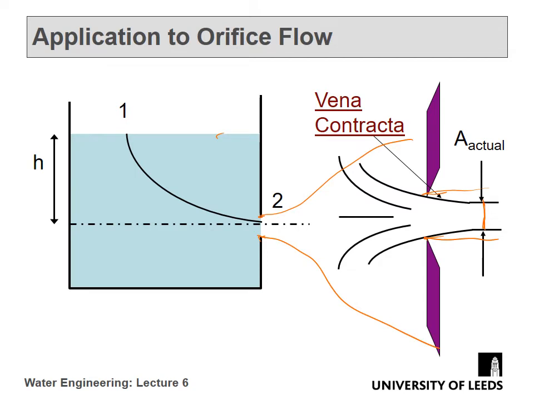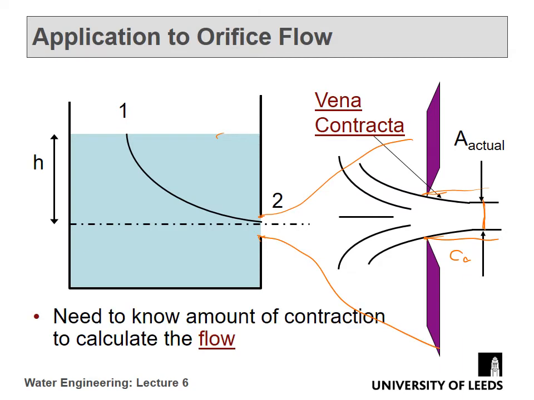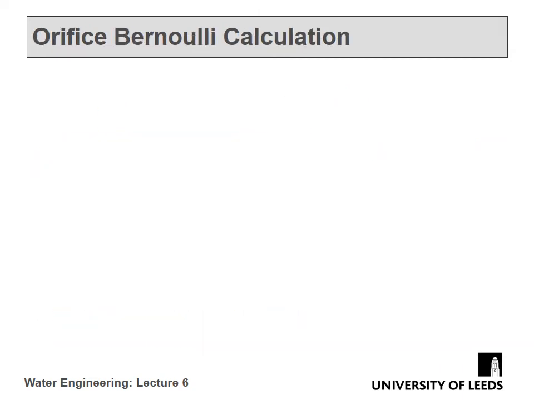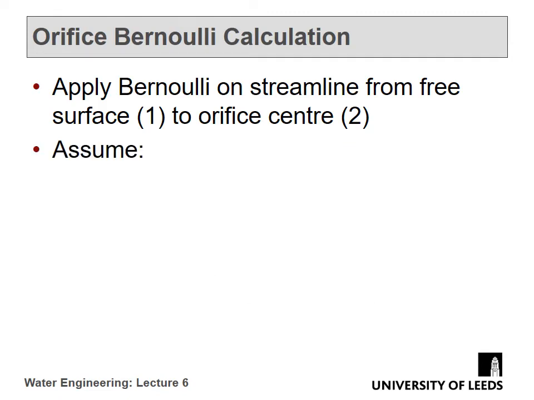So we'll apply a coefficient of contraction to account for this change in cross-sectional area. We'll see that later. And this narrowing of the fluid is called a vena contracta. Apply Bernoulli.